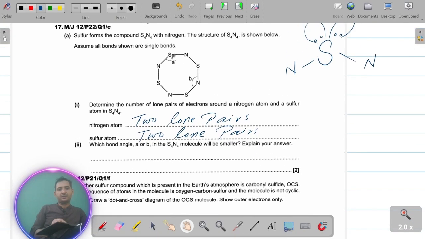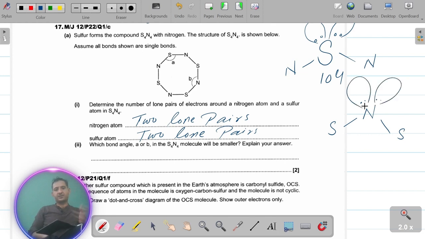So we have one bond between sulfur and sulfur. It is a bent shape, and the bent shape bond angle is 104. And what about this nitrogen? Nitrogen is making bonds with this sulfur and with this sulfur, and there are also two lone pairs of electrons, okay.